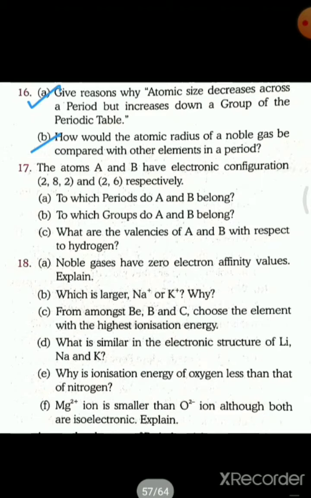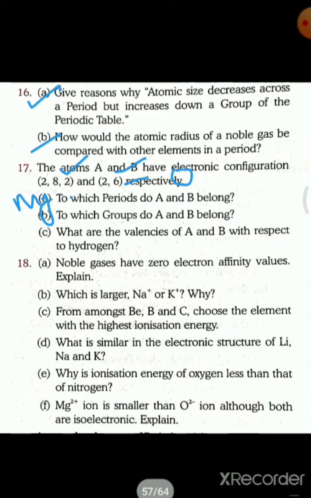See here, the electronic configuration is given, that is 2, 8, 2. So which element is this? This is your magnesium, and this one is your oxygen. 2, 8, 2 means 12, that is magnesium. 2, 6 means 8, that is oxygen.